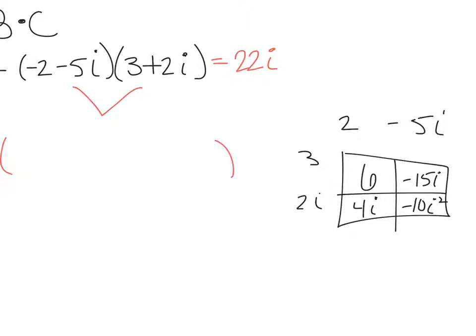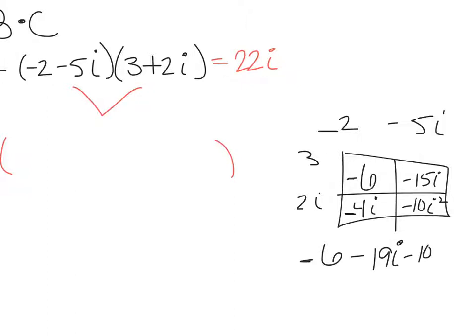Now this ends up getting you 6 minus, actually this is a negative 4, because I missed my negative sign here. So negative and negative, much better. Okay, so it'll be negative 6. Minus 4 minus 15 is negative 19i. And then you have minus 10i squared.